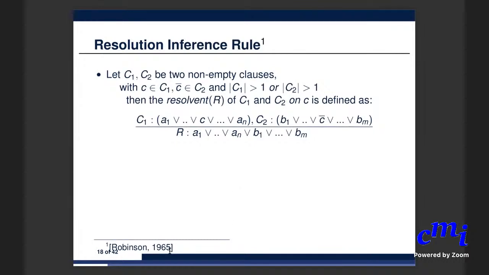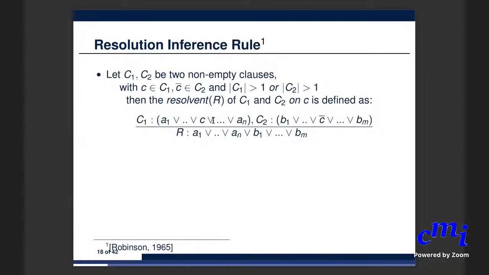By the way, this resolution principle historically was introduced by Robinson in 1965. So what it says is, let C1 and C2 be two non-empty clauses. It's a more detailed description of the resolution inference rule, okay?